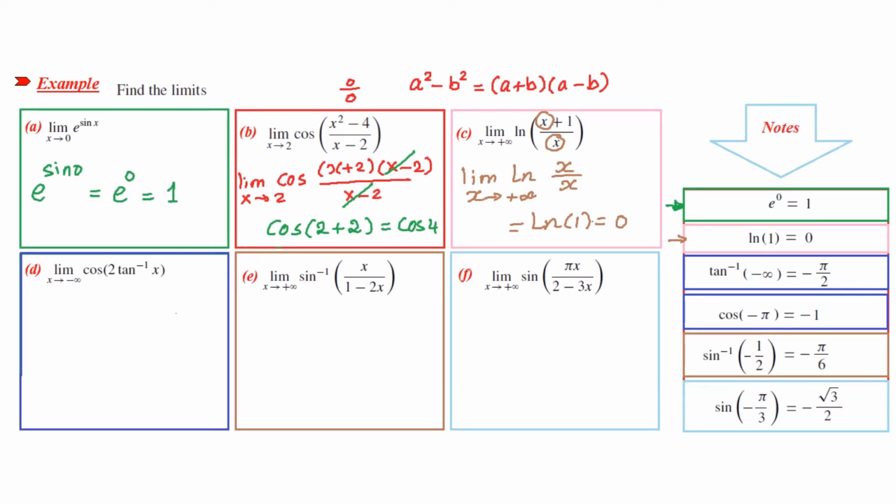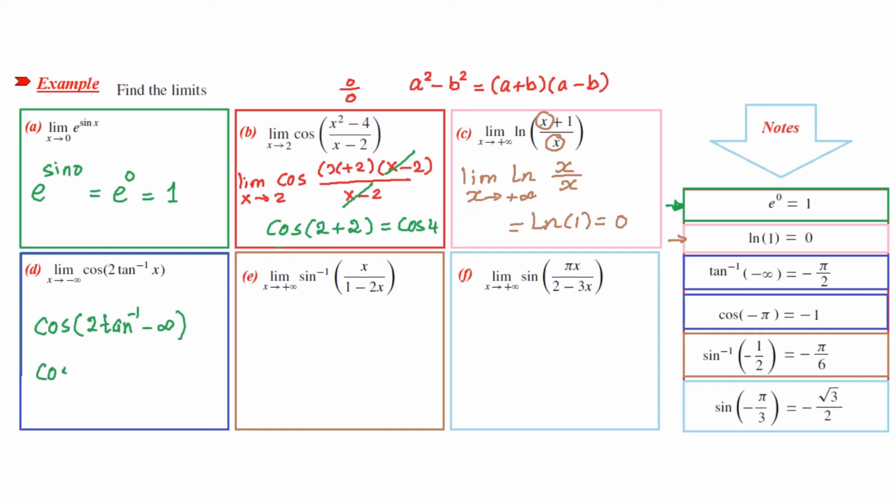Now in part D we have the limit of cosine of the angle 2 tan inverse of x. As you know, tan inverse of negative infinity equals negative pi over 2, and also tan inverse of positive infinity equals pi over 2. So by direct substitution, x goes to negative infinity, it will be cosine of 2 tan inverse of negative infinity, and tan inverse of negative infinity equals negative pi over 2.